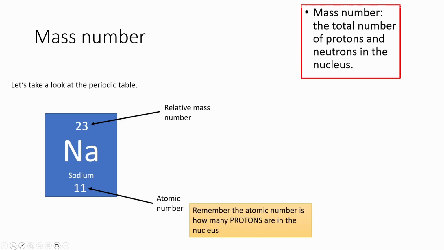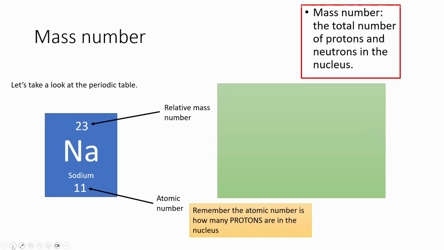Important thing to note is that the atomic number tells us how many protons are in the nucleus. From this, we can work out the number of neutrons.